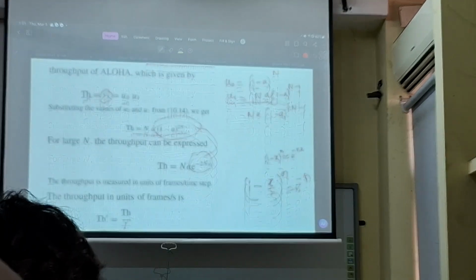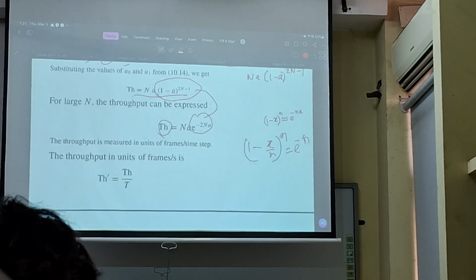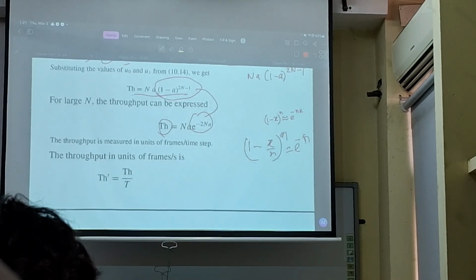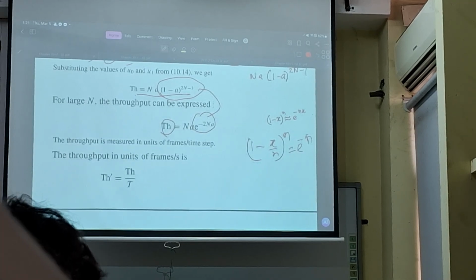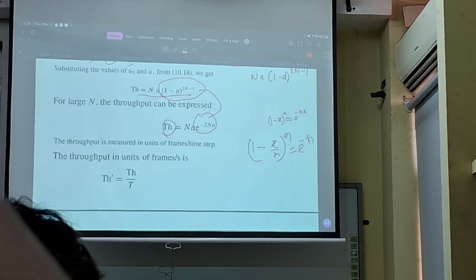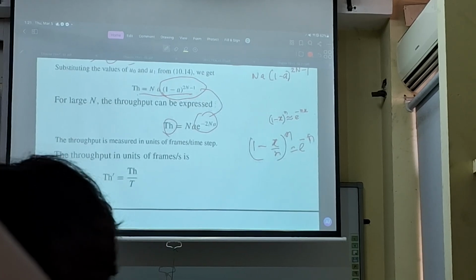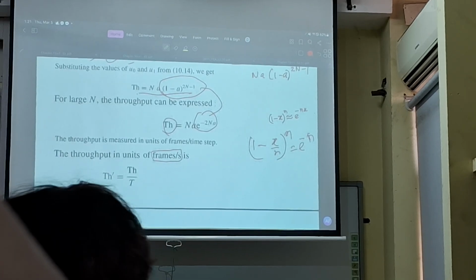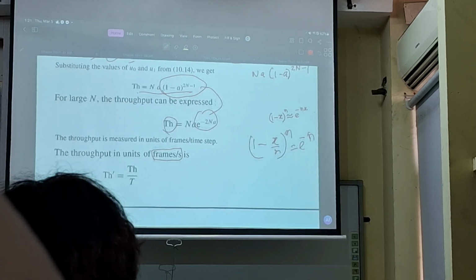Now, this throughput actually is measured in the scale of time. The fraction of time that is used for successfully transmitting frames. You can actually measure the throughput in terms of frames per second. When you do that, we mention what is the length of a frame.